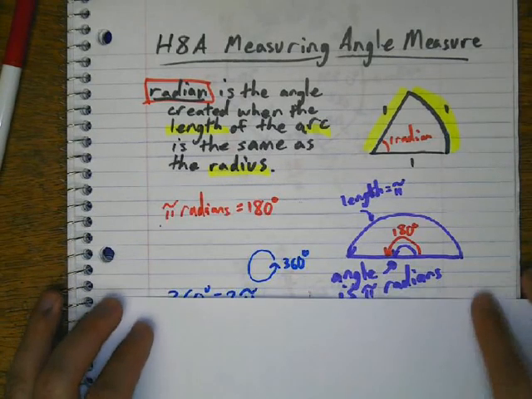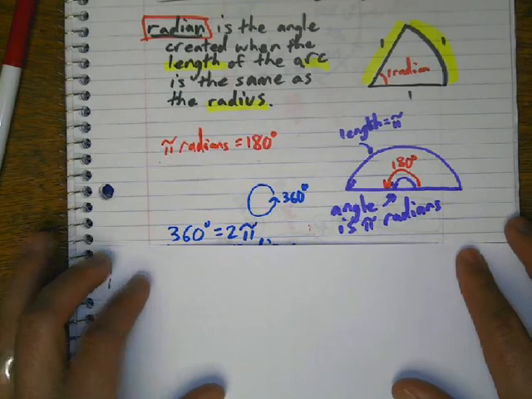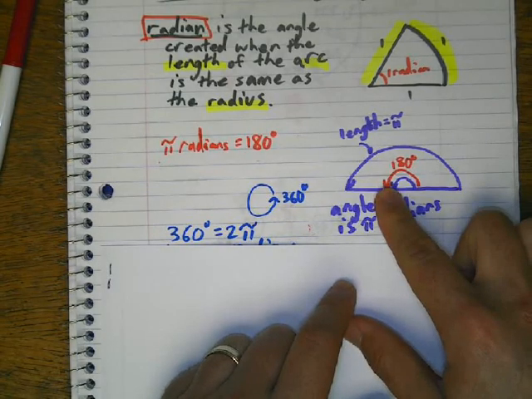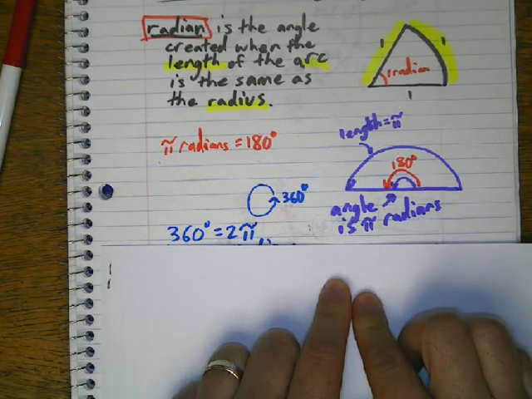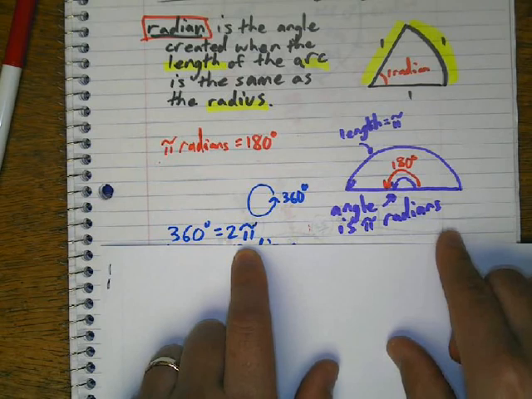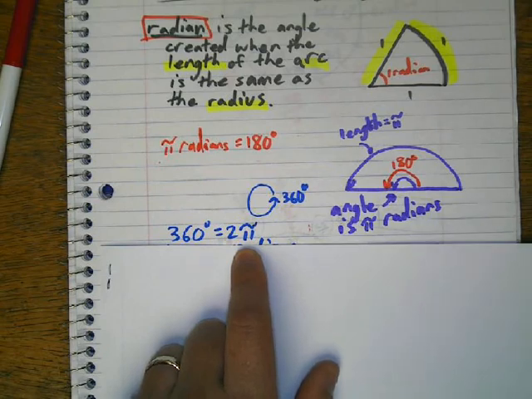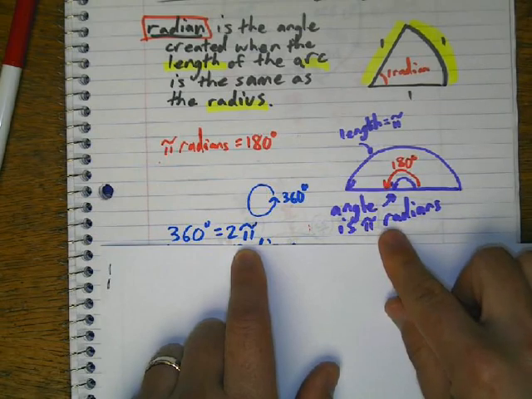Now, you've learned in the past, probably in geometry, that halfway around the circle is 180, all the way around the circle is 360. You might have also learned that all the way around the circle is 2 pi. So half of the way around the circle is pi radians.